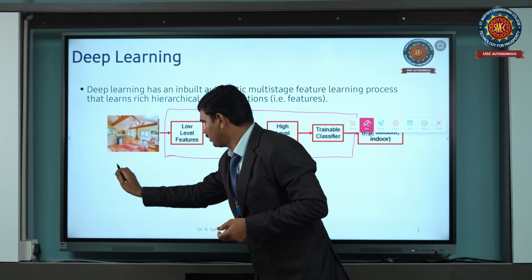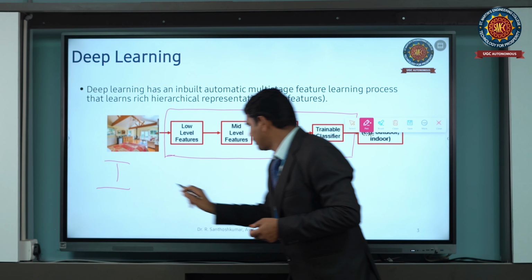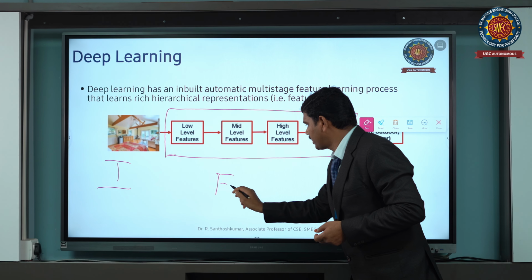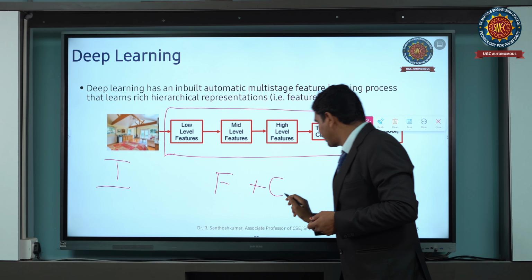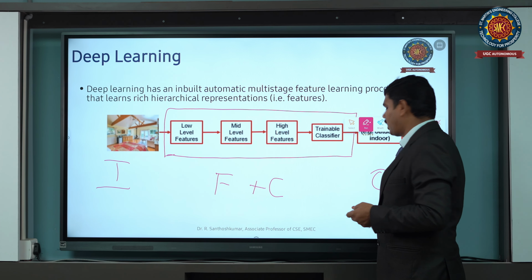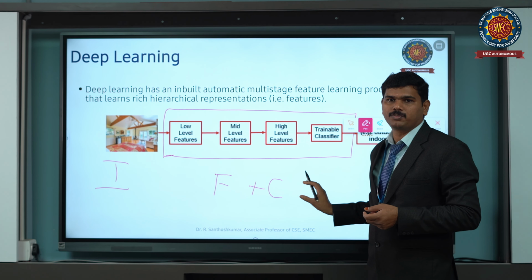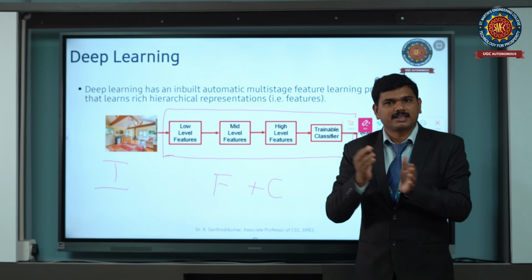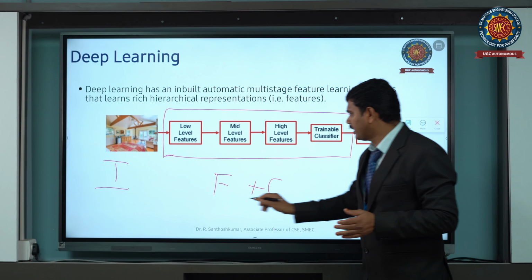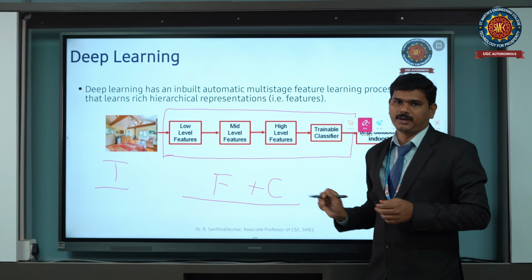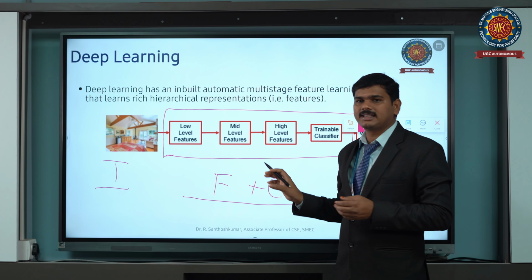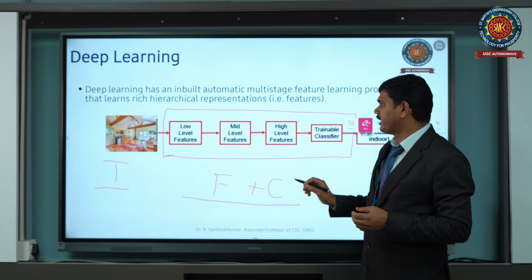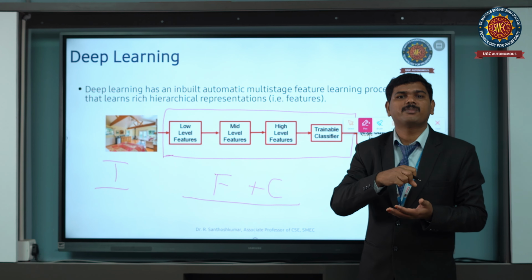Say for example, this is the input image, this is feature extraction and classification, and this is the output. The two different paths, feature extraction and classification, will be happening in the same path, so that we can say it is deep learning. Similarly, it is going to extract deep features.